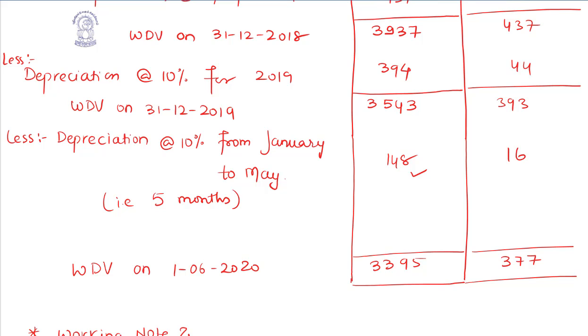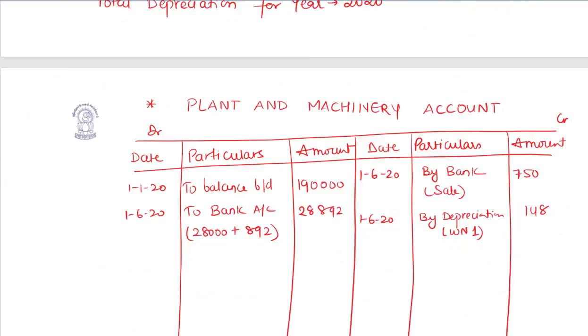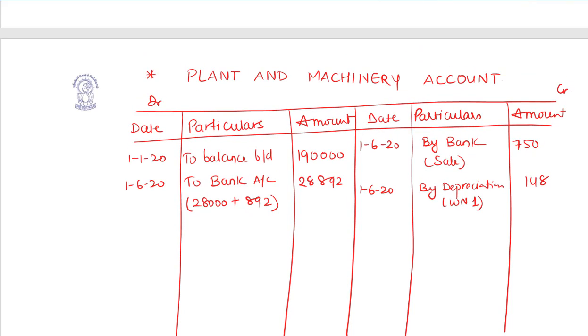On the same lines, we have used another machine for 5 months and the depreciation is 16. Loss on sale of machinery, 1/6/2020, by profit and loss account, loss on sale.